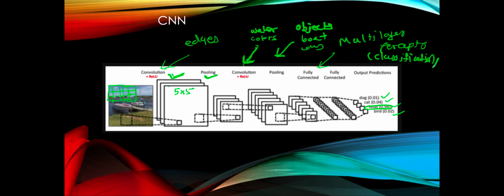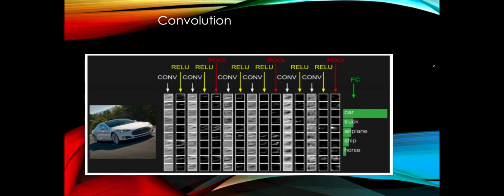Let's look at this more visually. So here, let's take the example of a car. We want to recognize the car as it passes through multiple convolution layers. As you can see, the first convolution layer learns a few edges, right? Then the ReLU is used to retain only positive information and forget about negative information.